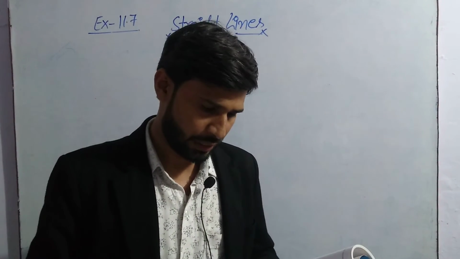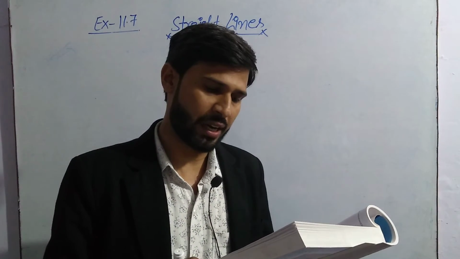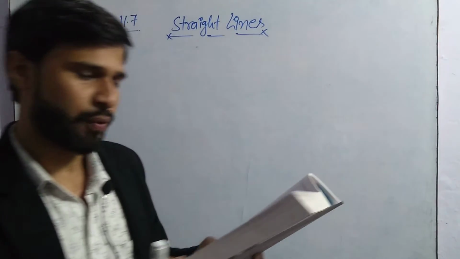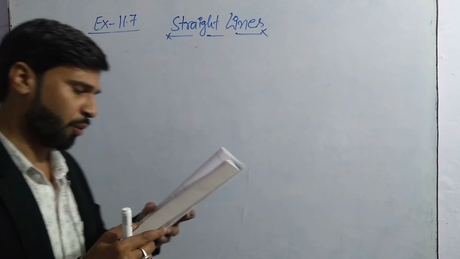Now the second part of question number 1: write the equation of the line through the origin and perpendicular to the line 5x minus 3y plus 17 is equal to 0.